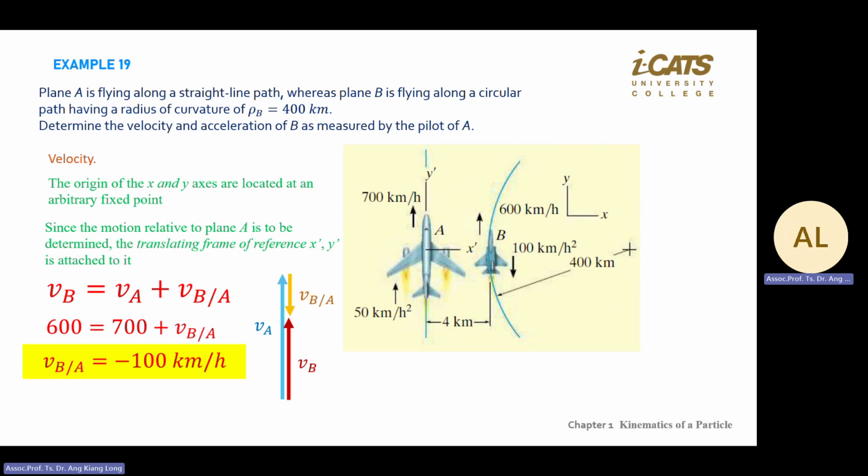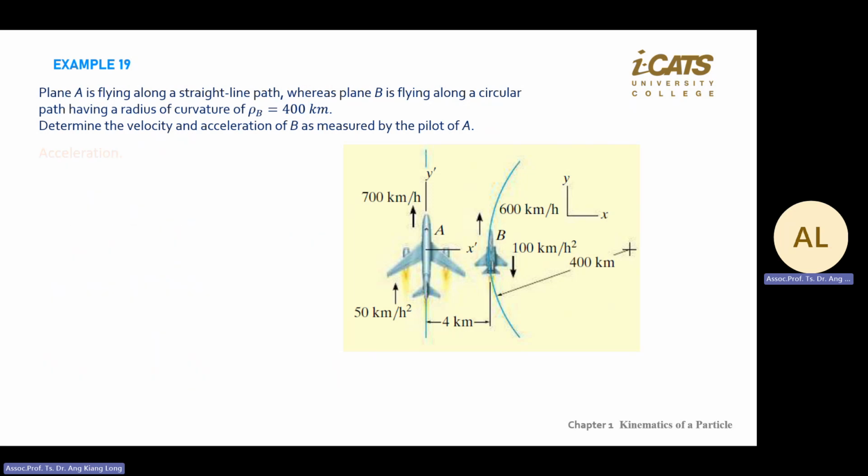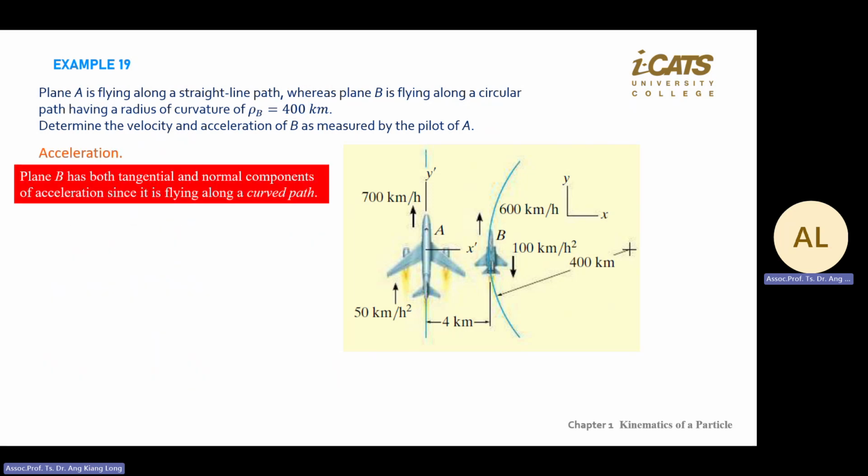Okay. So once you have the relative velocity, you need to find acceleration. So same. Okay. So acceleration, you know that B is in curvilinear motion. So you need to establish your AN and AT. What is your AT? AT is the time differential.